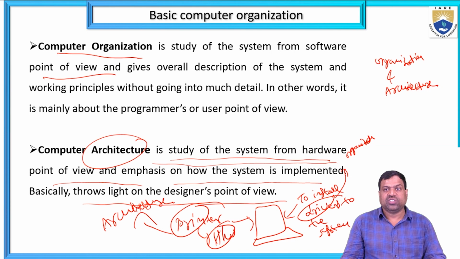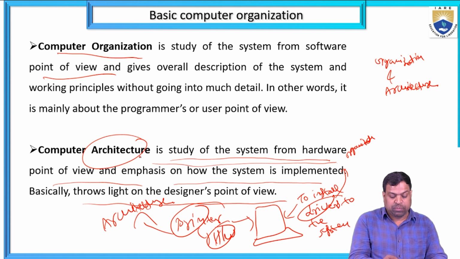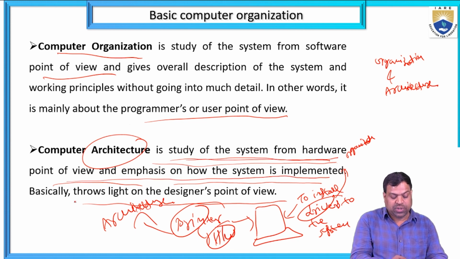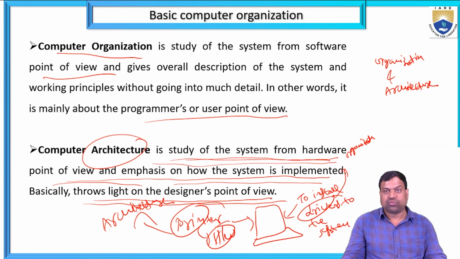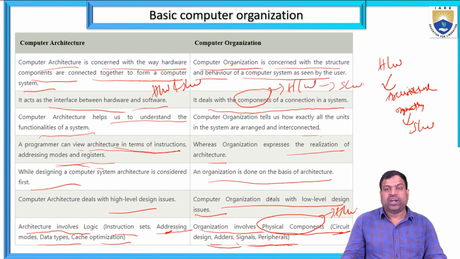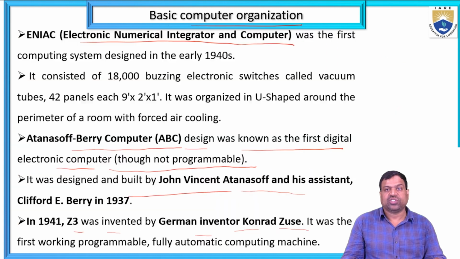Organization is a study from the software point of view, giving the overall description of the system and working principles without going into much detail, so it is mainly the programmer's point of view. Architecture is a study of the system from the hardware point of view, and how the system is implemented from the designer's point of view. These are some differences between computer architecture and organization.